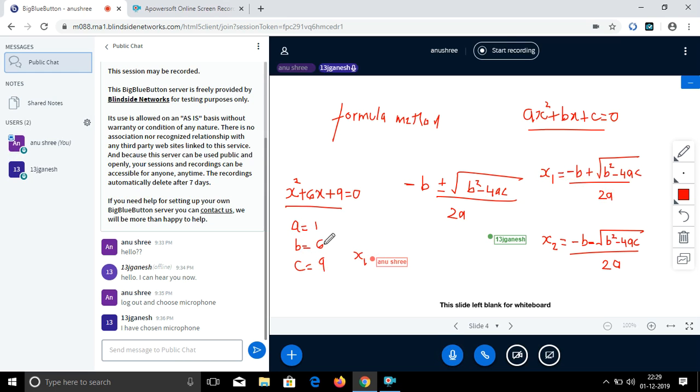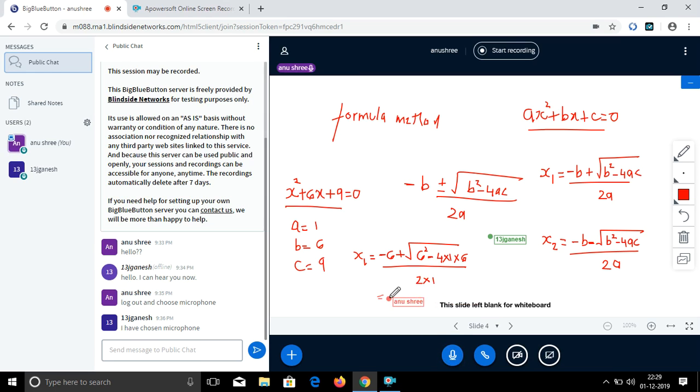minus b is what? Minus 6, plus root 6 squared, minus 4, a is 1 and c is 6, divided by 2 times 1.